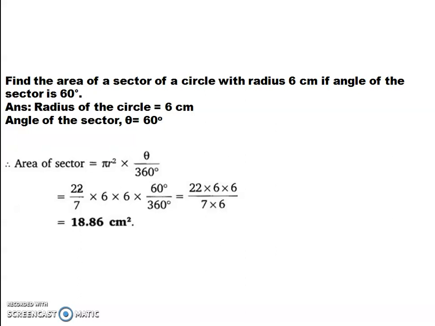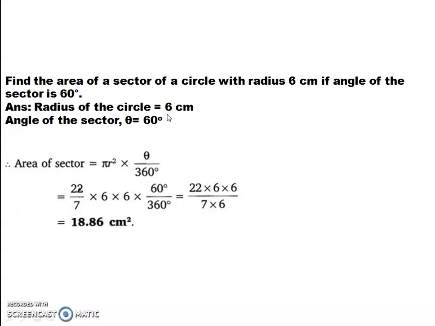So you need only to substitute the values in the formula. Area of a sector is equal to pi r square into theta by 360 degree.